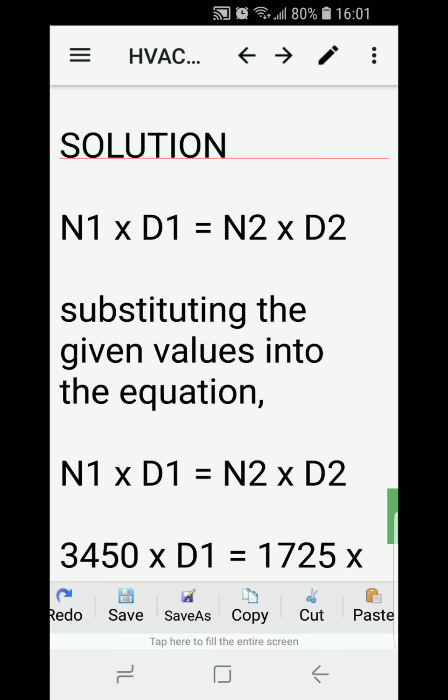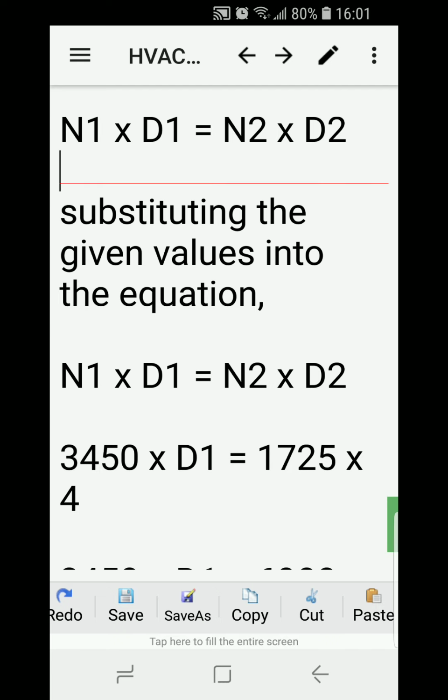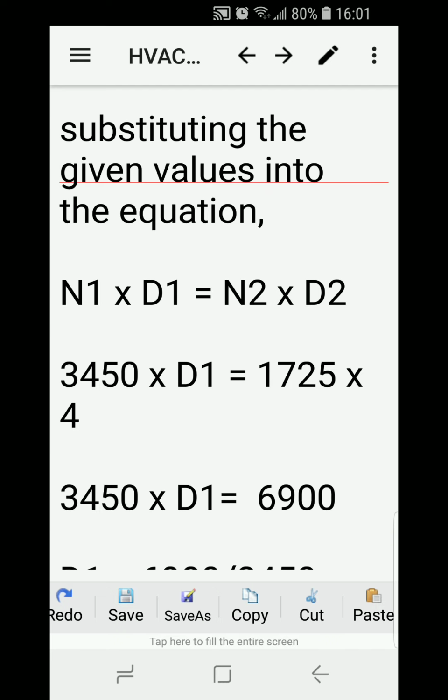So solution, we use the formula again. N1 times D1 is equal to N2 times D2. And we substitute the given values into the equation. So we get N1 3450 times D1, which is the unknown, is equal to N2 1725 times D2, which is 4.